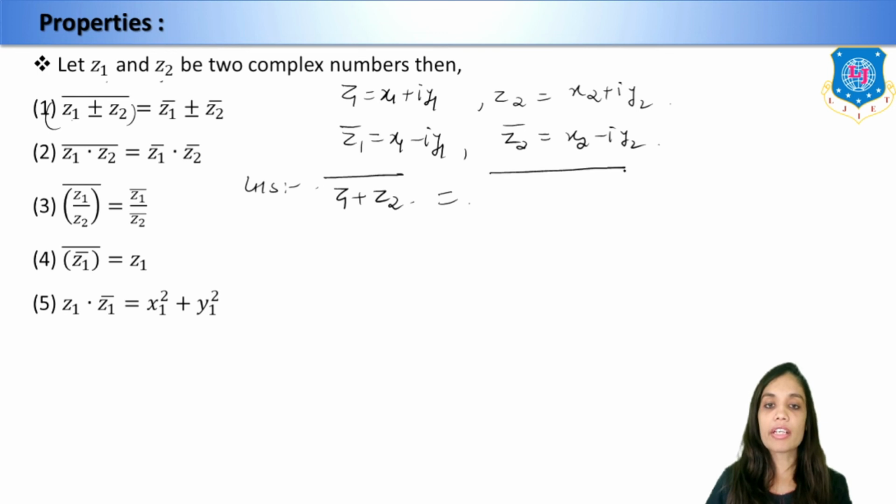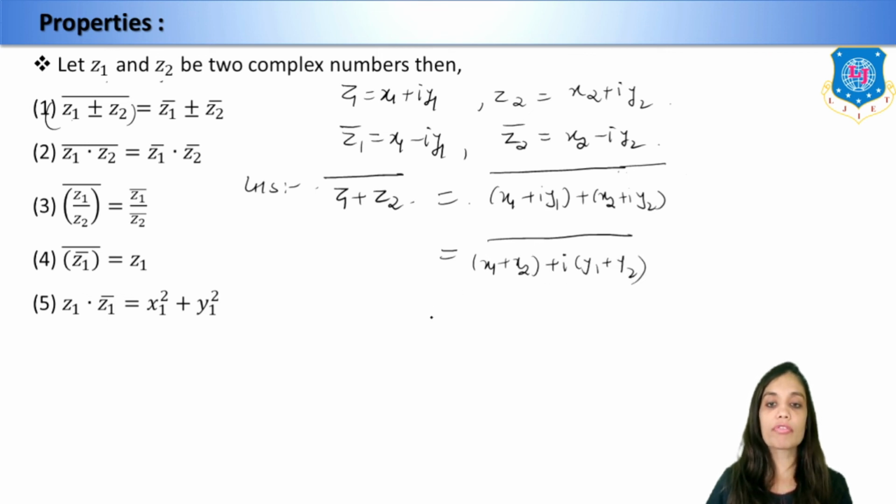So we will write it as x1 plus iy1 plus x2 plus iy2. Now just separate the real and imaginary parts. So it will be x1 plus x2 plus i times y1 plus y2. Now the conjugate of this will be x1 plus x2, just put a minus in between, minus i times y1 plus y2. So this is your LHS part.